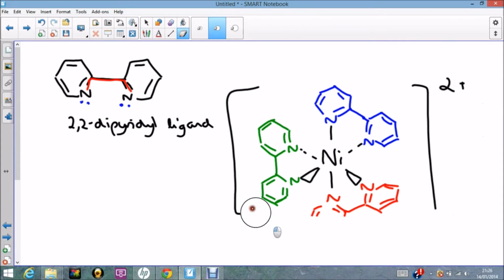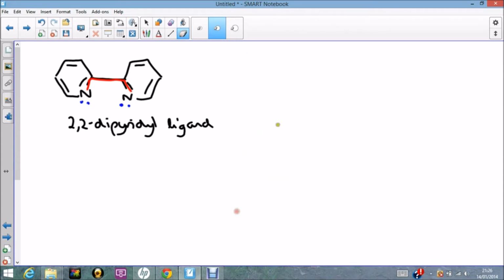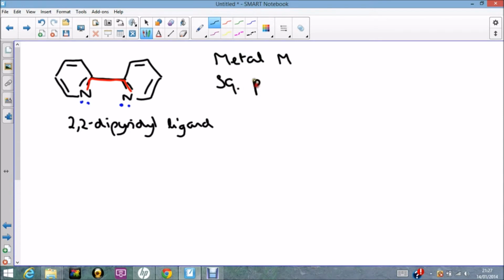Okay, let's stick with this ligand and let's use metal M and let's draw a square planar complex using this ligand. Okay, square planar, much easier to draw.